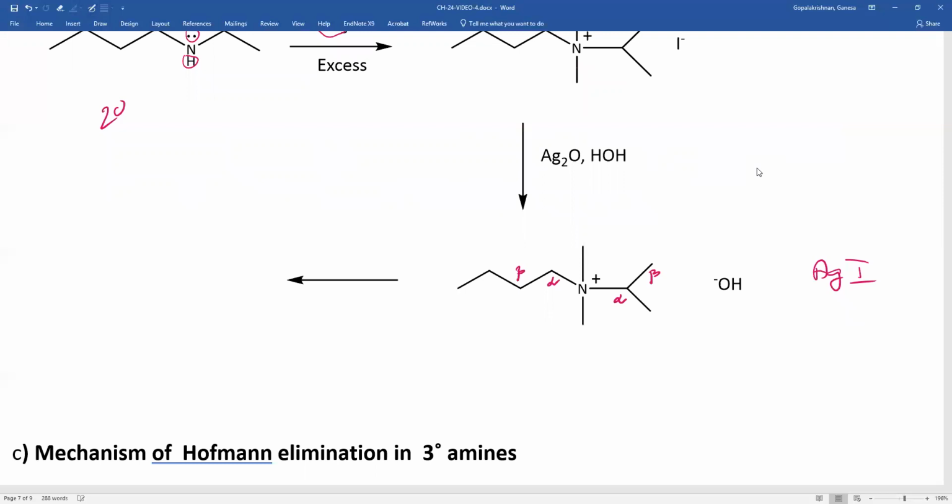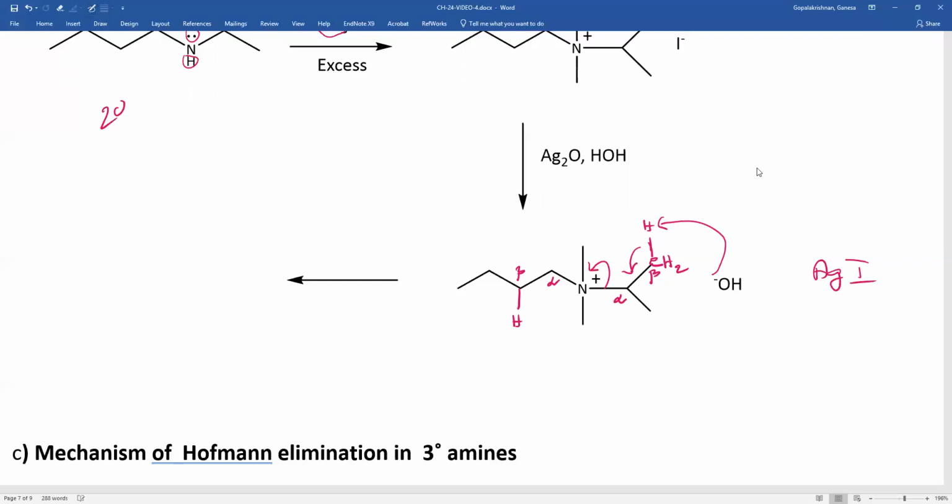Both beta carbons contain hydrogens, where the hydroxide will pick up the proton, abstract the proton, from here or from here. This has 3 protons. Because this goes to the less substituted beta carbon, less crowded, because already there is a crowd here. So this will go here and flip this bond.